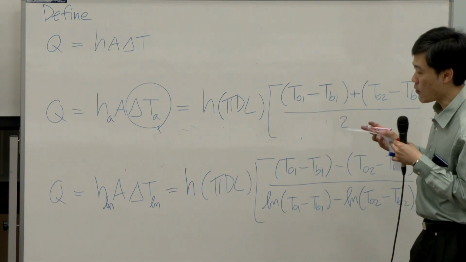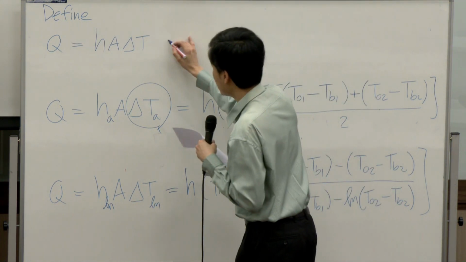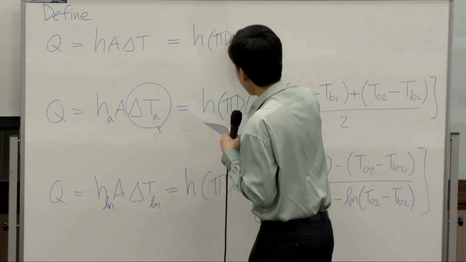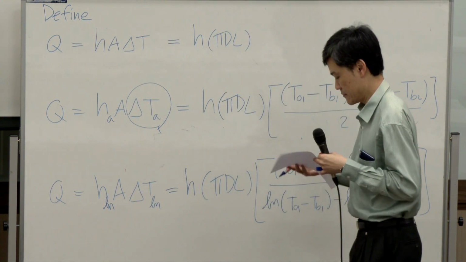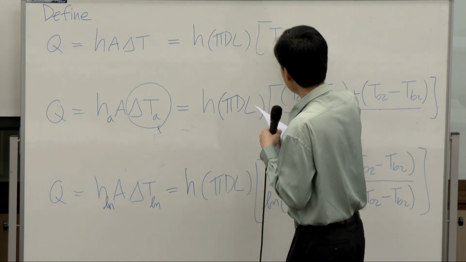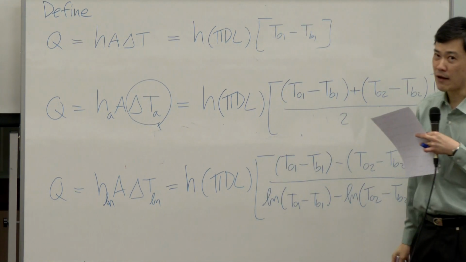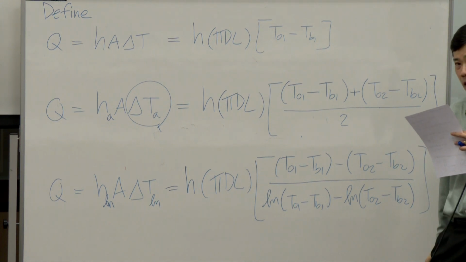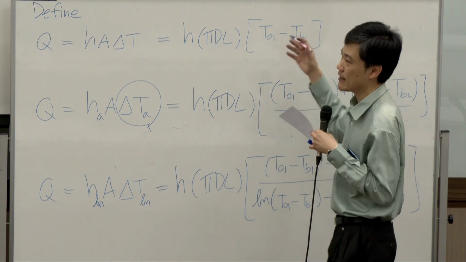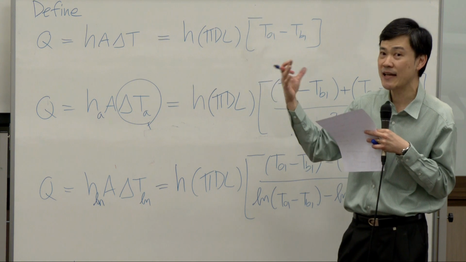Now there's the third one. The third one is here, okay? Doing the same thing. I use the heat transfer coefficient, pi d L, which is the area. But now for this delta T, I am going to use T01 subtracted by TB1, which is the driving force at the inlet only. So it seems weird, it doesn't make any sense that we can calculate heat transfer for the whole pipe using the driving force at the inlet only.